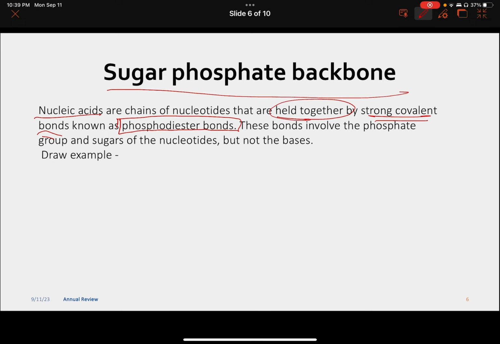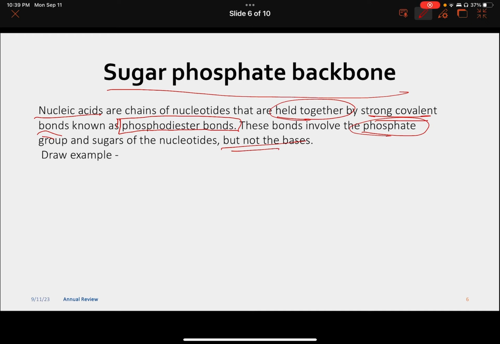This word is going to come up multiple times in your exams. I want you guys to make note of why these are held together by a strong covalent bond known as phosphodiester bonds. These bonds involve the phosphate groups and sugars of nucleotides, but not the bases, okay?